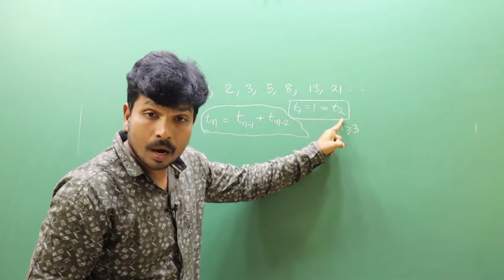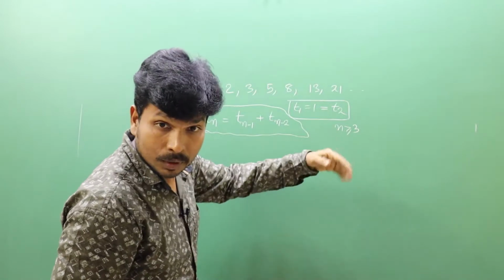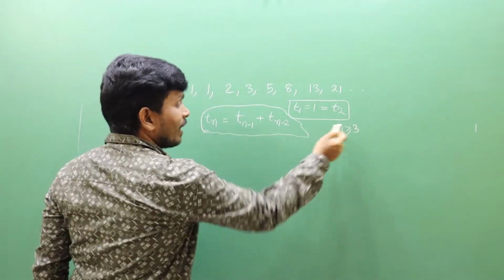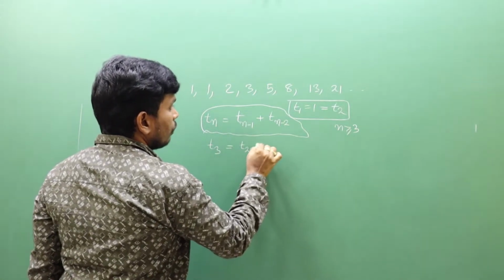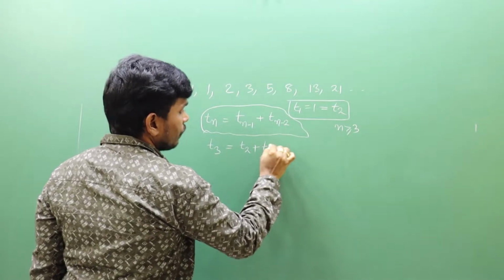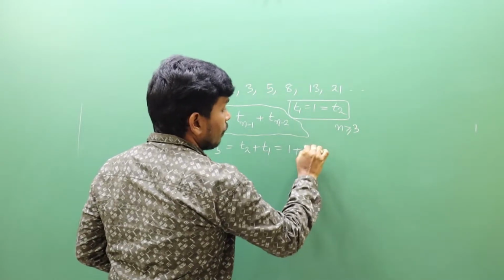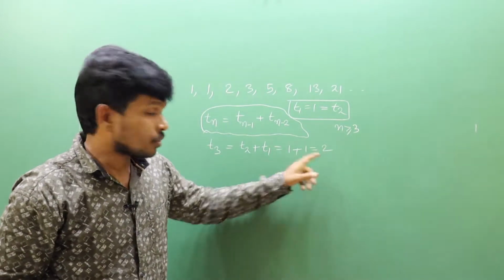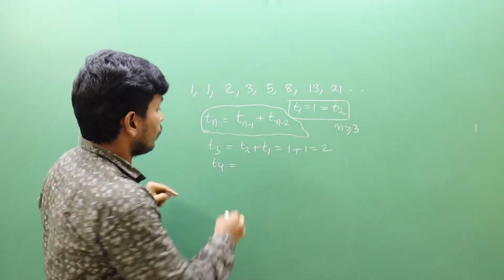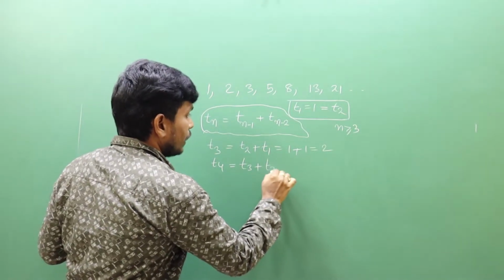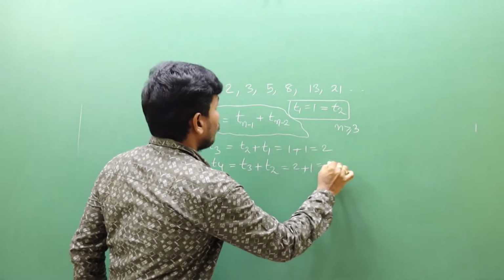Here two terms we got: one term is t1 and another term is t2. Now n is running from 3 to infinity. Suppose you take n as 3: t3 is equal to t2 plus t1. Your t2 value is 1 and your t1 value is 1. 1 plus 1 is 2, so the third term is 2. The fourth term t4 is equal to t3 plus t2: 2 plus 1 is 3.